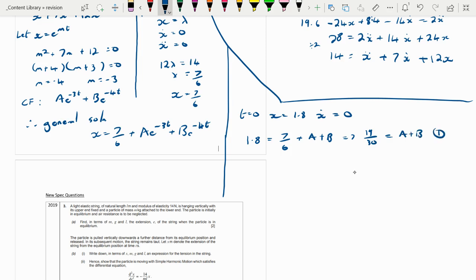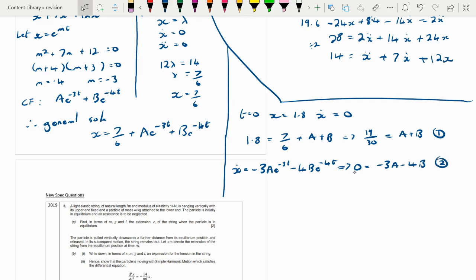Now I'm going to do a very similar thing for the next one, but I need to do x dot. So first of all, let's find x dot. Let's differentiate this line. I end up with minus 3a e to the minus 3t minus 4b e to the minus 4t. And then we're going to sub in my values again. So I get 0 equals minus 3a minus 4b. And there's a second equation.